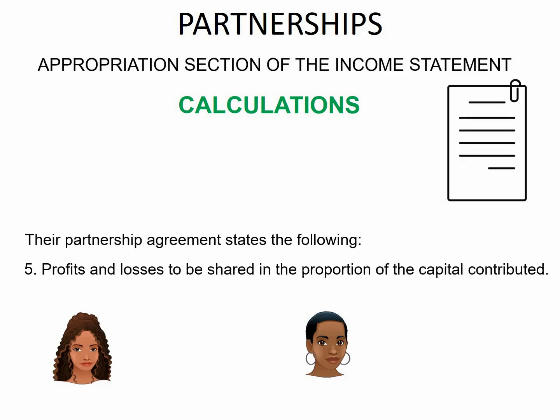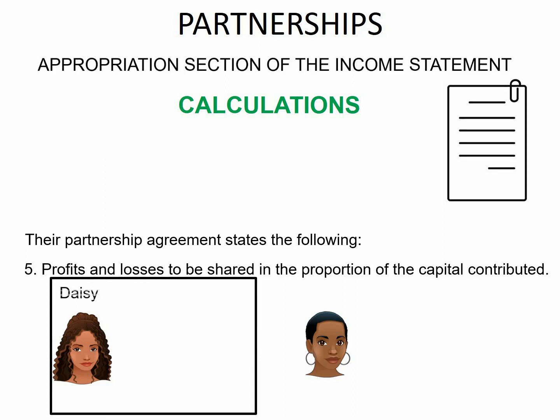And then finally, profits and losses are shared in proportion to the capital contributed. So how to calculate this? We'll take the portion Daisy contributed as capital, which is 162,000, over the total of Daisy and Anna's capital combined. Multiply with the net profit.